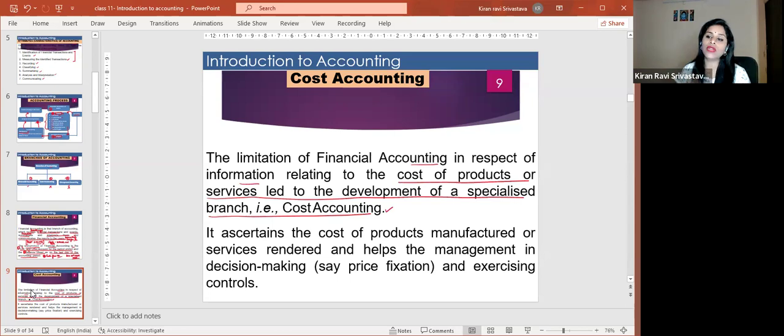Now, financial accounting was mostly talking about revenues, profits, losses, but it was not talking about cost. Just imagine I'm a businessman and I have a bakery unit. Should I be just interested in selling cakes and cookies and earning revenues?